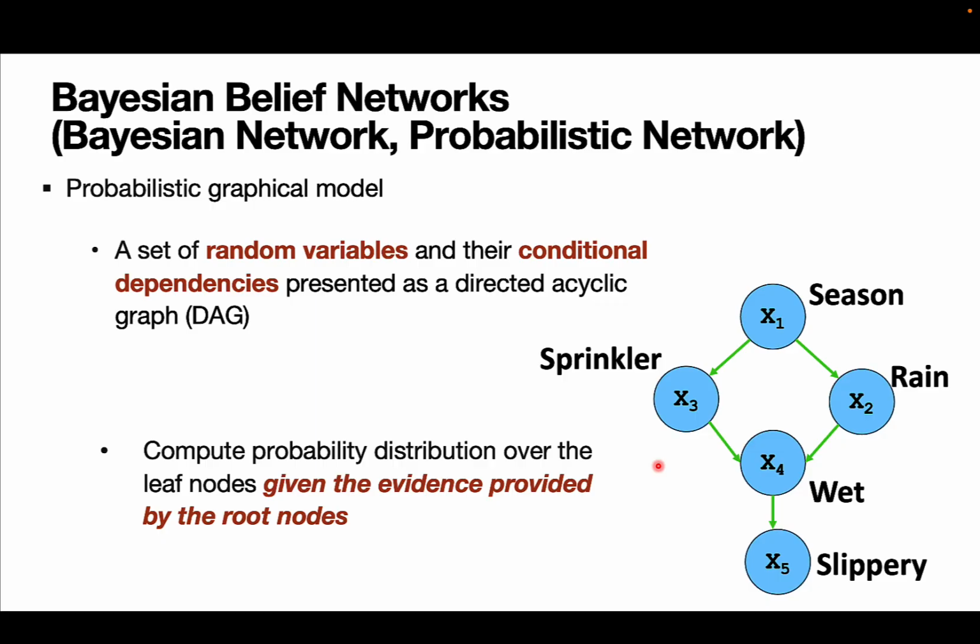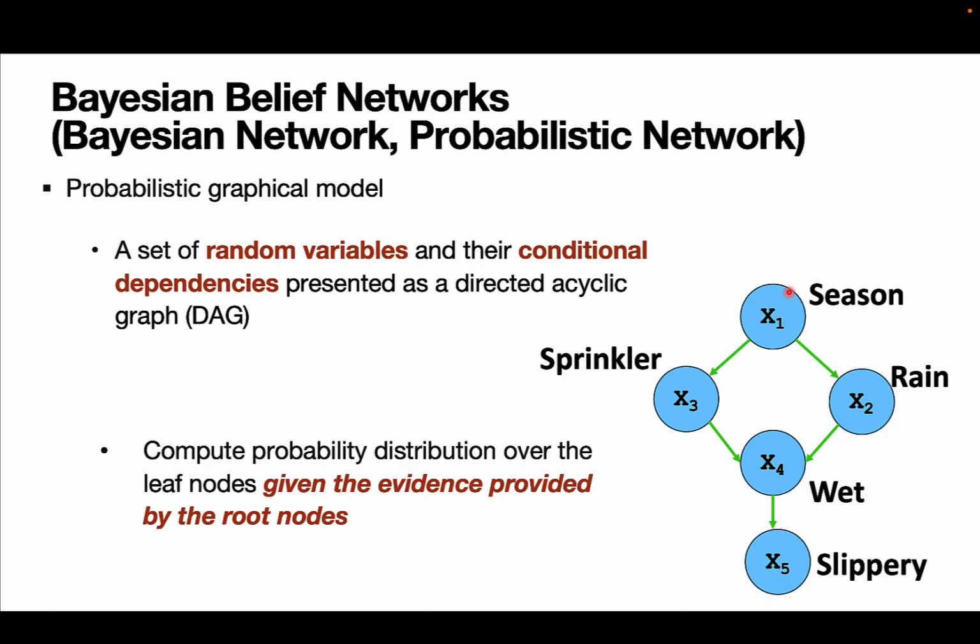Suppose that we observed a wet street. This could be due to rain or a sprinkler that was on earlier in the day. So the probability of rain is going to depend on the season because maybe we get more rain in winter and fall, while sprinklers are used more during the summertime.